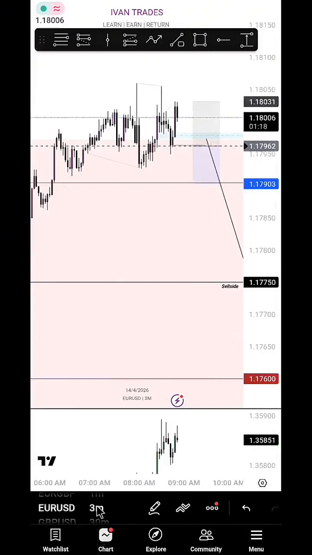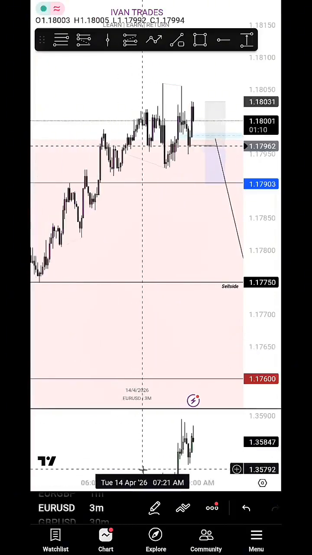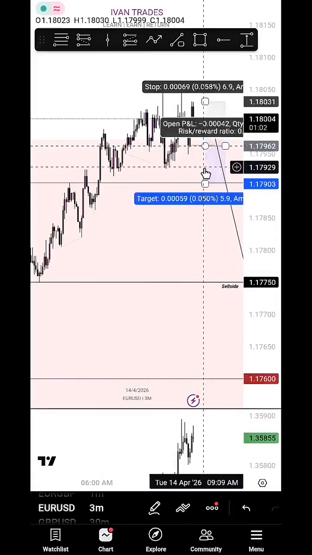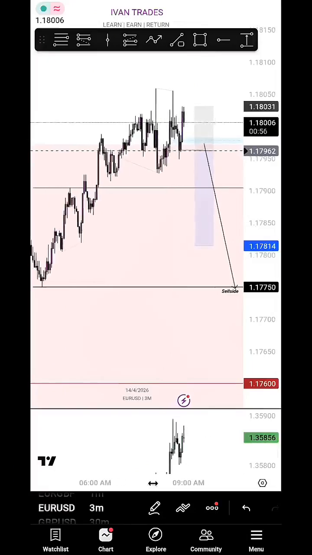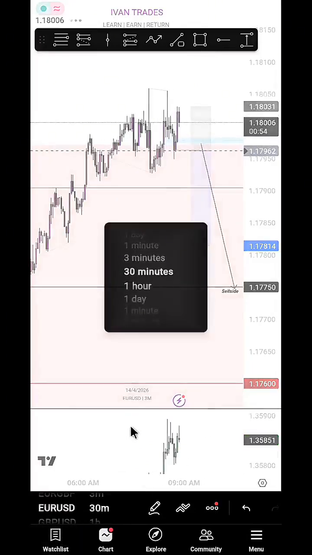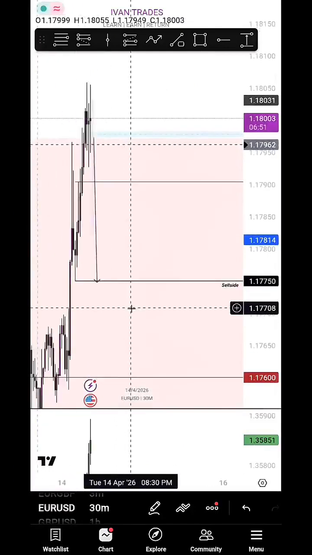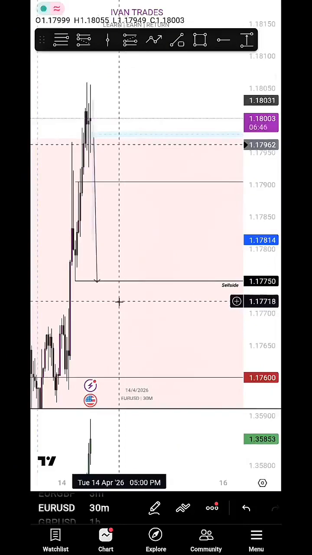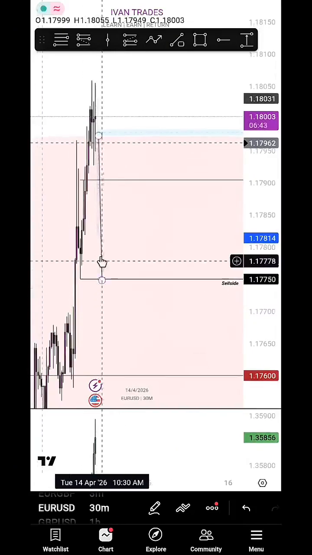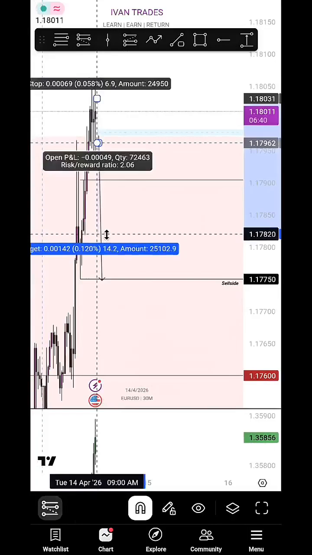The only problem is that we do not have at least one-on-one risk to reward ratio before we reach the equilibrium of this whole range. The 1-on-2 risk to reward ratio will be like right here.